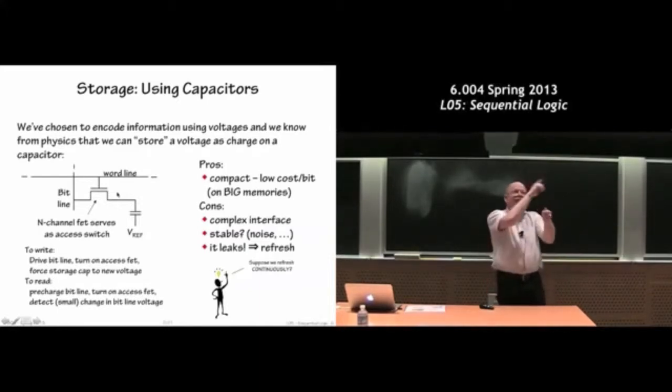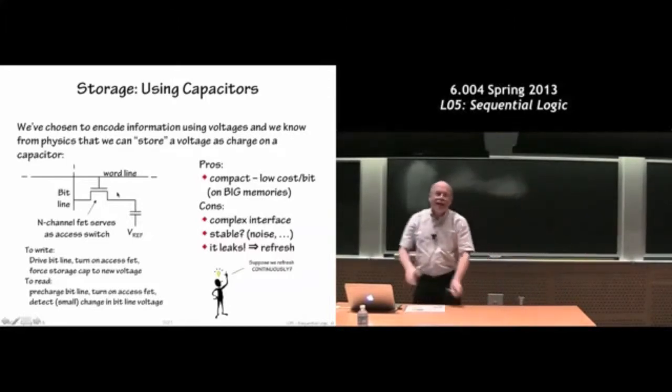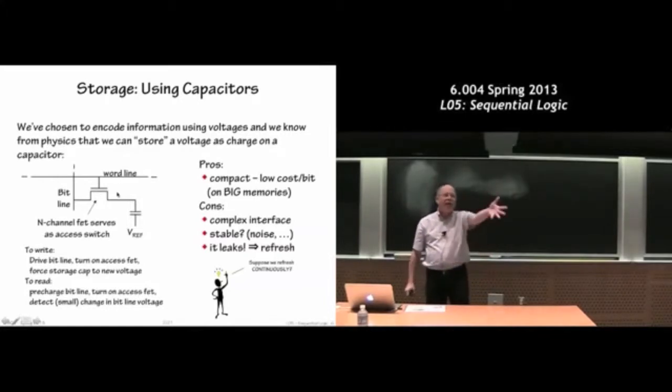He was using the momentum of the plate to keep it stable on the pole. As that momentum died away, the plate would start to wobble, and if he didn't want the plate to fall off, he'd have to come back and refresh it, give it more momentum again. Well, that's exactly what has to happen to this bit. We have to come back and read it out before it's disappeared, before too much charge has leaked away.